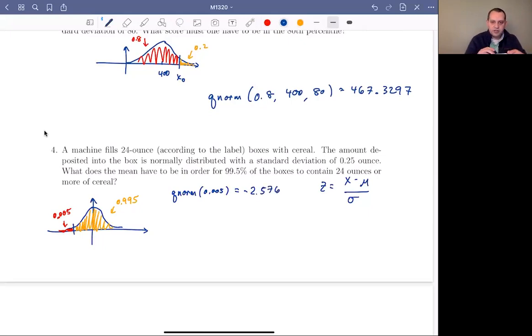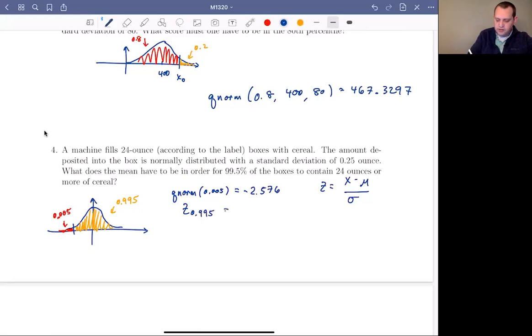Another way that you could do this is you could use the normal distribution table that we have on our formula sheet. Or there's a third way on the handouts page on Canvas. Somewhere on that sheet are the values, and we call these z sub alpha.